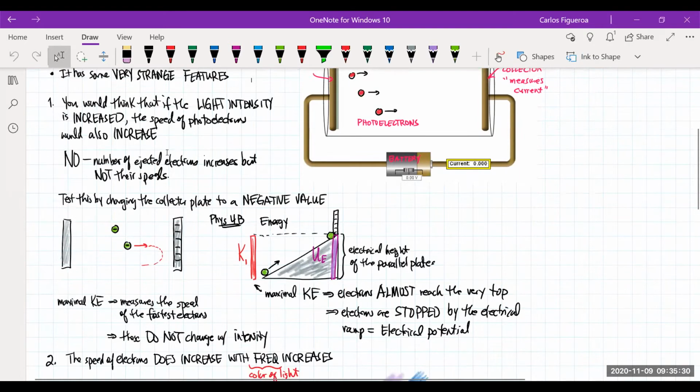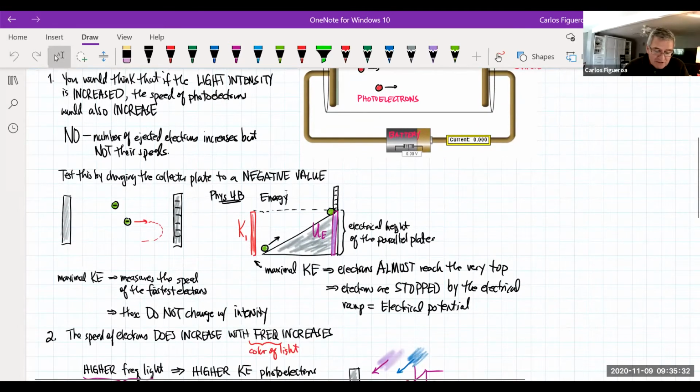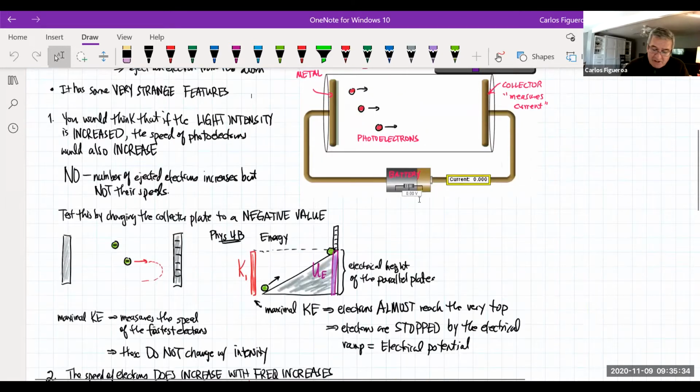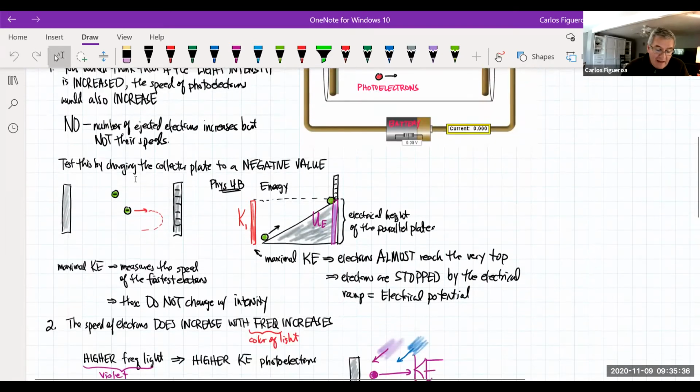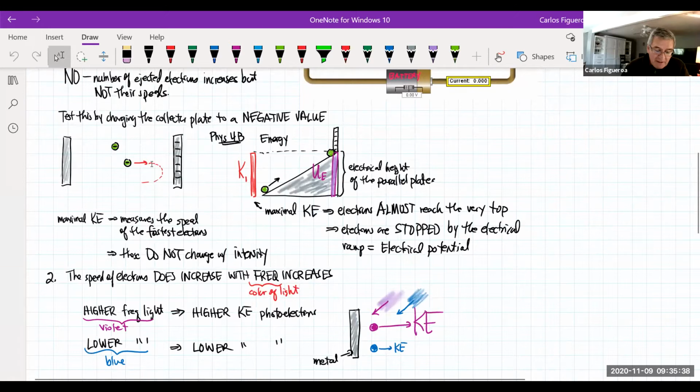And the way you measure the speed of electrons, as we talked about, is that we change the battery to be negative, and as these electrons are moving towards this plate, they start to get reflected. And as they start to get reflected, it's like the electron going up an electrical ramp. The height of this thing, remember, is called the voltage, which is an electrical height parameter.